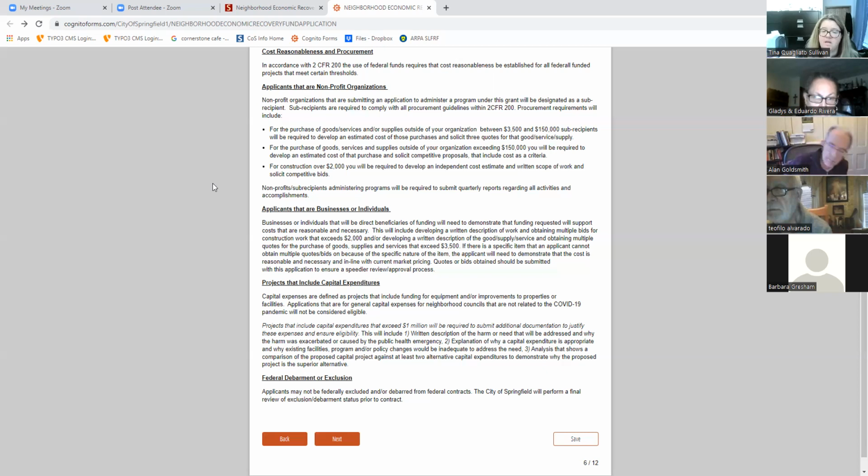And 3, they need to provide an analysis that shows a comparison of the proposed capital project against at least 2 alternative capital expenditures.